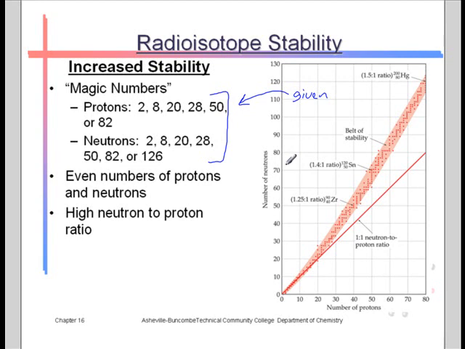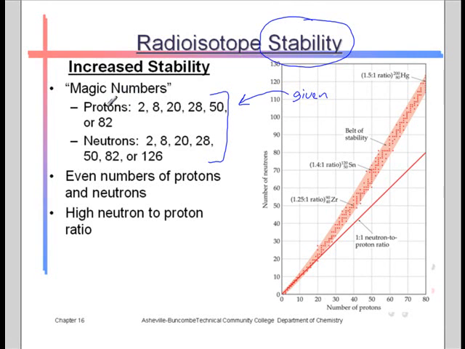But this is telling us that there are certain properties of isotopes that tend to cause the isotope to be stable. What causes the isotope to be stable? Well, one observation is that there are such things as magic numbers, and you see this in any textbook.